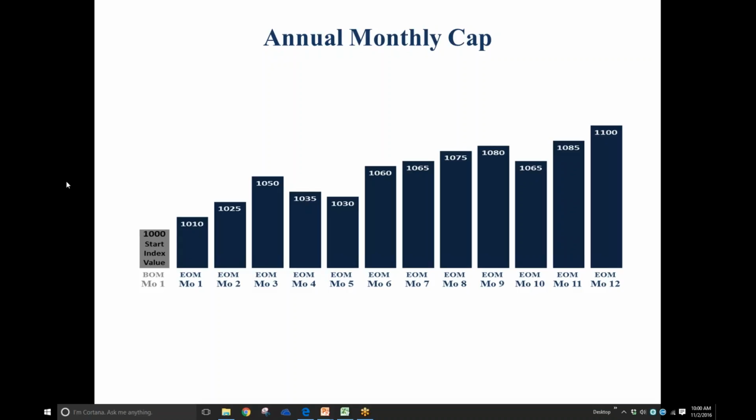Well, this annual monthly cap strategy, which is technically called an additive strategy, which we'll talk about why that is, is another attempt to capture what's happening on the index in all those different months between point A and point B. This particular strategy gives the highest potential interest crediting of any of the index strategies. But as we're going to see as we go through this, it also has a potential flaw in it, okay?